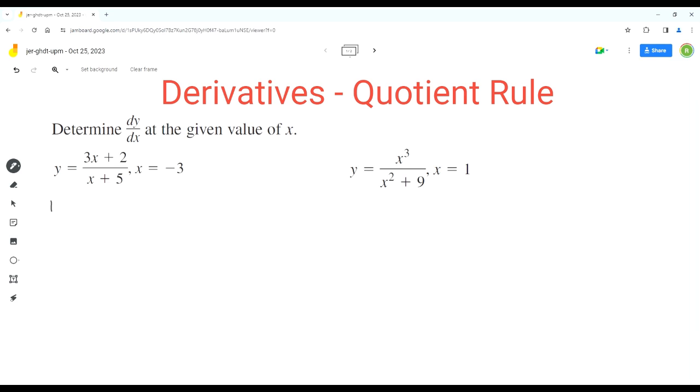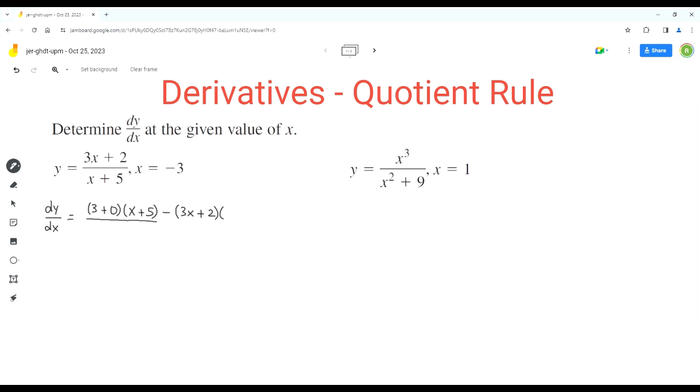So dy over dx equals, as per the quotient rule, we start with the derivative of the numerator, which will be 3 plus 0, times the denominator, which is x plus 5, then minus the numerator expression, which is 3x plus 2, times the derivative of the denominator.